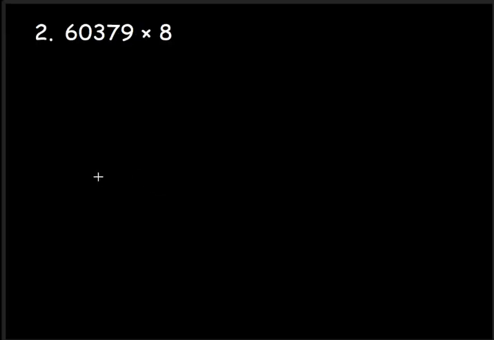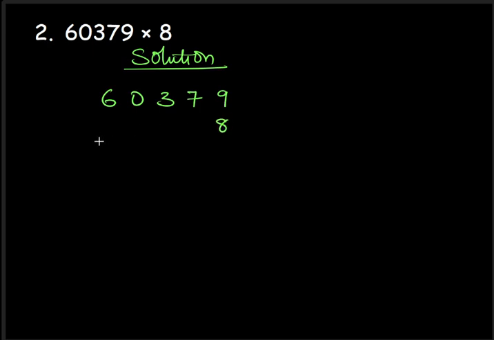Okay, let's go to number 2. Still multiplication of whole number by one-digit number. So let's see, 60379 times 8. 8 times 9, that will give us 72.